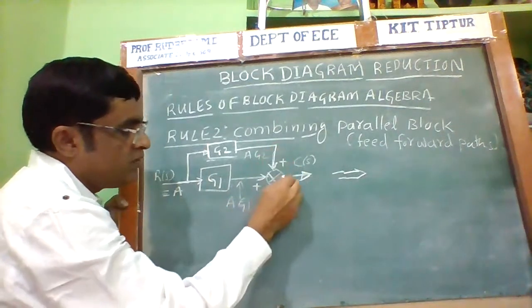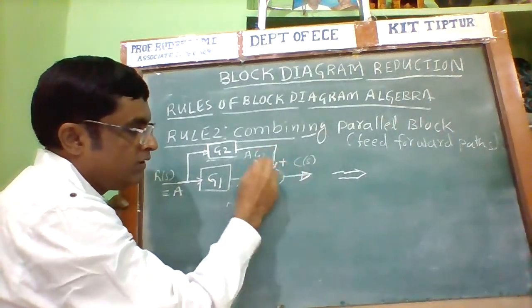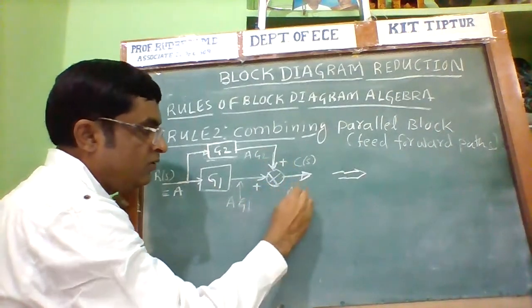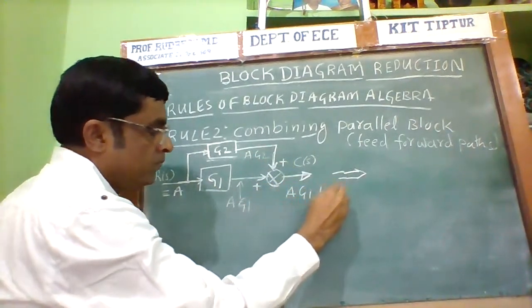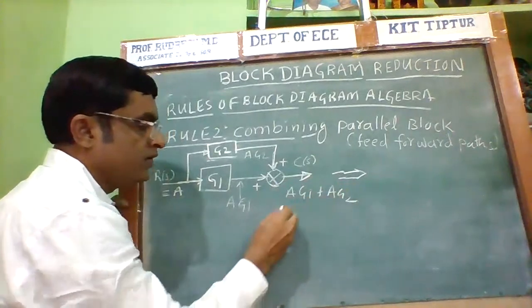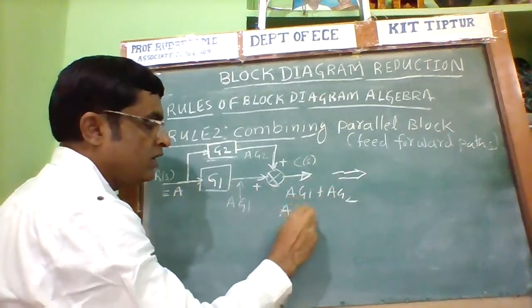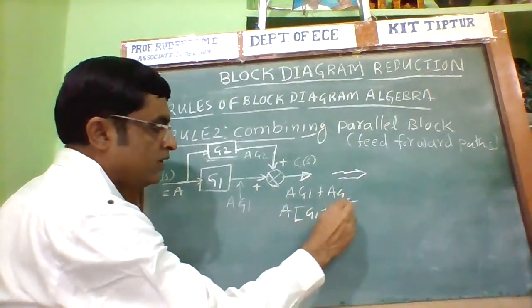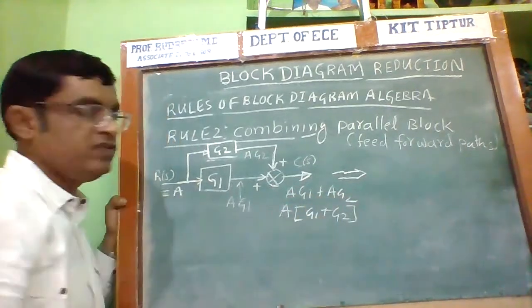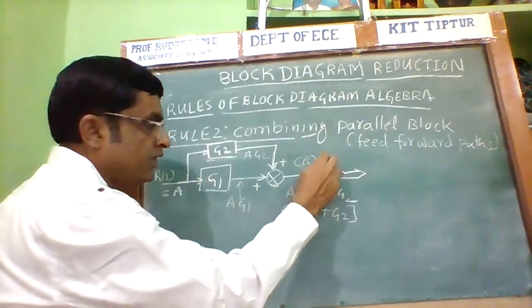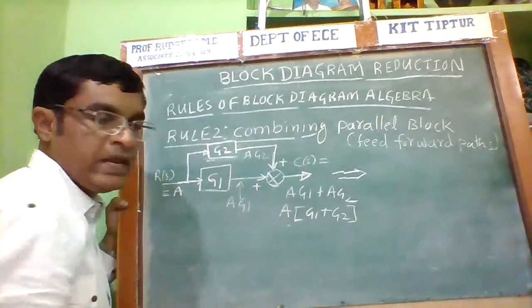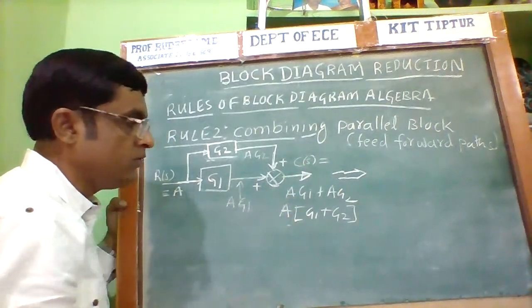Now, what is the output of the summing point? A into G1 plus A into G2. If I take A outside, it is G1 plus G2. This is the C of S value. The output C of S is equal to A into G1 plus G2.